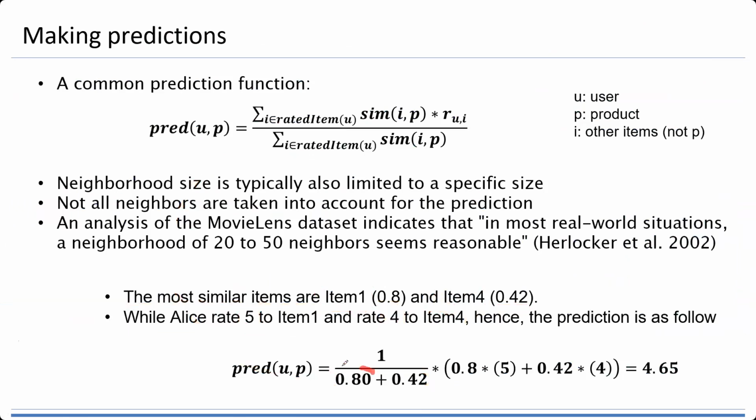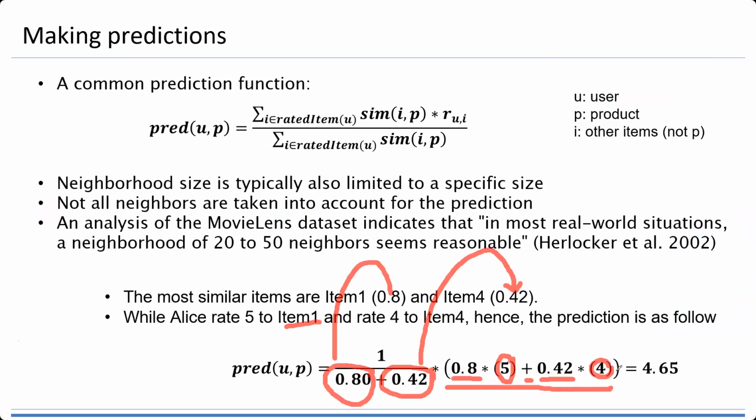And I know that Alice gave 5 to item 1, so I multiply 0.8 with 5, plus the similarity value of item 4, which is 0.42, and Alice gave rating 4 to item 4.